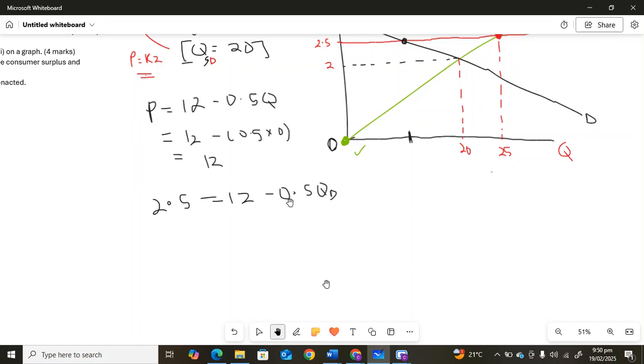We take this negative 0.5 QD over the equal sign, it becomes positive 0.5 QD. And this 2.5, take it over the equal sign, it becomes negative 2.5.